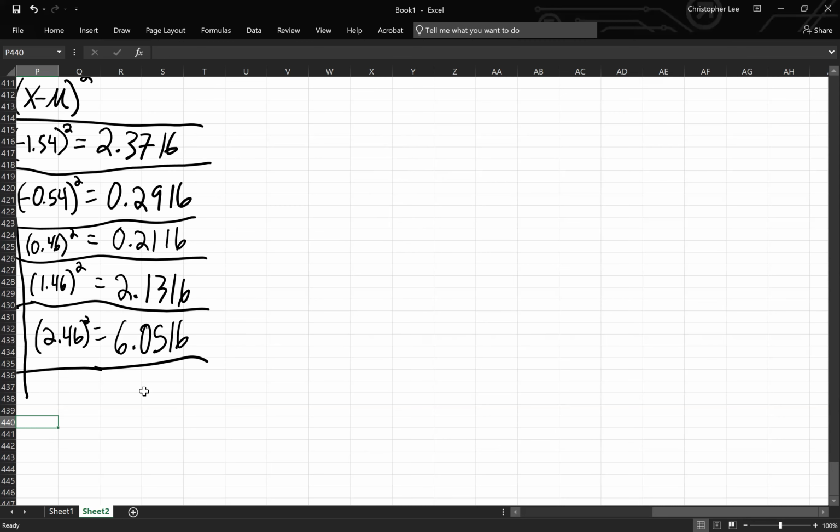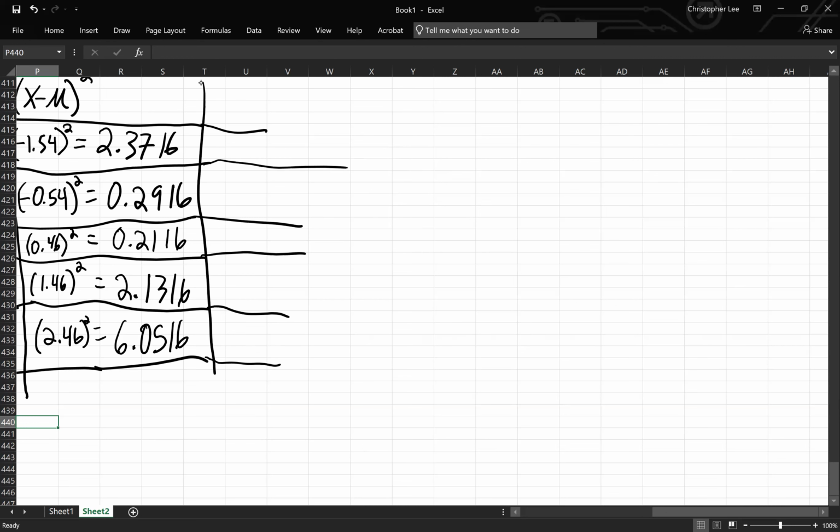Perfect. All right. Now, last column, I promise. For this column, we want to take the previous answer that we got, which is the x minus mu squared, and multiply that times the P of x.